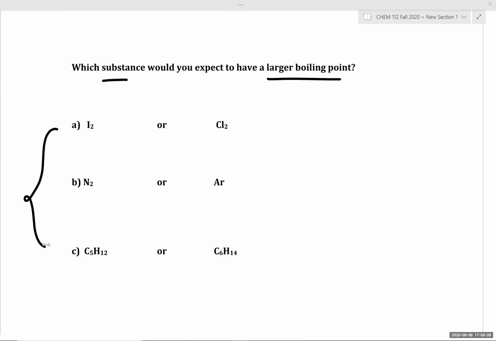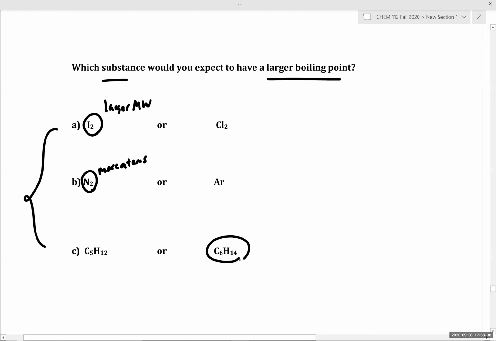And the responses I see in the chat look great, so let's discuss. So first, iodine wins out over chlorine because it has a larger molecular weight. Nitrogen wins out over argon because for nitrogen, we have more atoms, and in turn, we have a greater surface area for interaction.